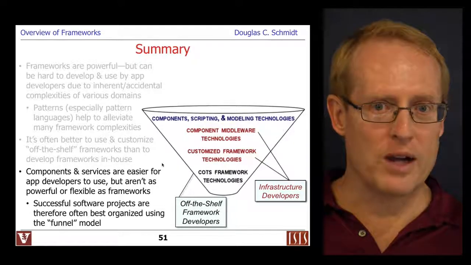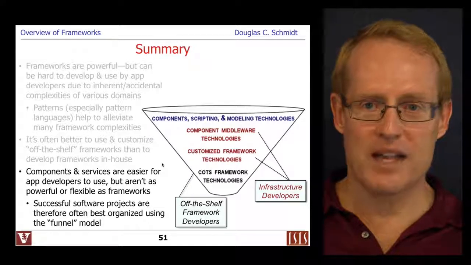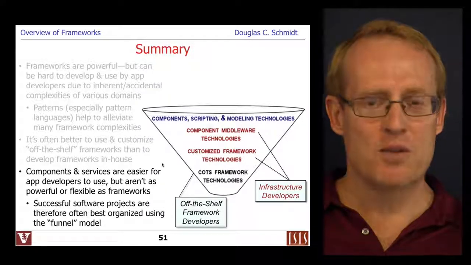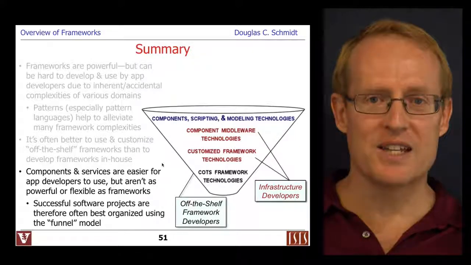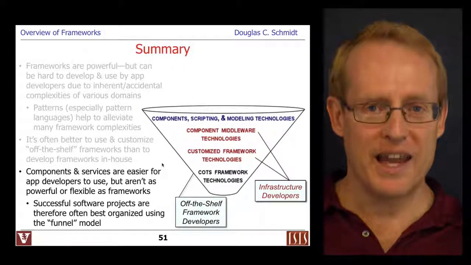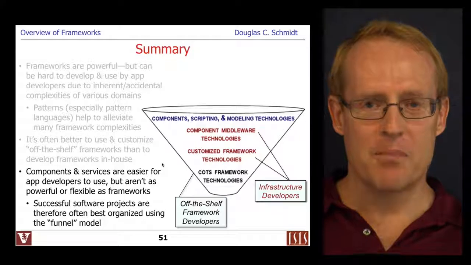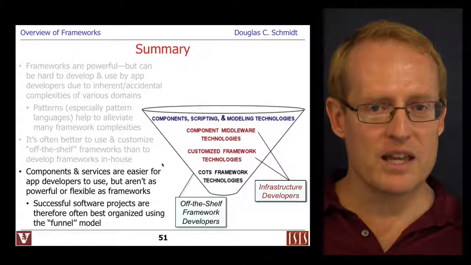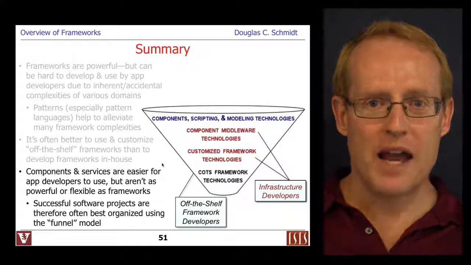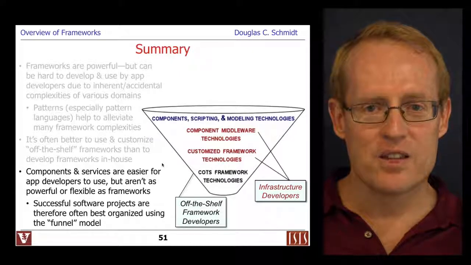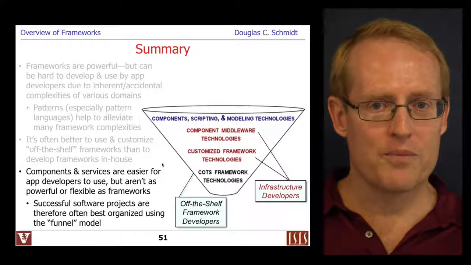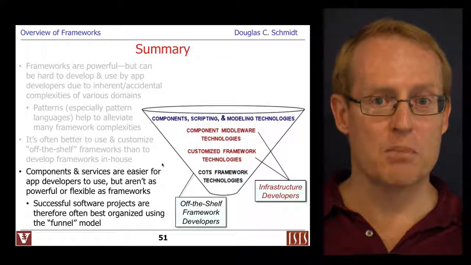So rather than trying to build frameworks as a big effort by all the people on a big team, you have a small group of people who have that expertise in both the domain and in the lower level patterns and pattern languages and object-oriented techniques and so on, either building or customizing frameworks, and then exposing these frameworks up to the application developers through more simplified facades, such as components.